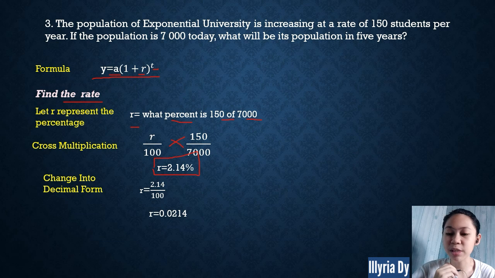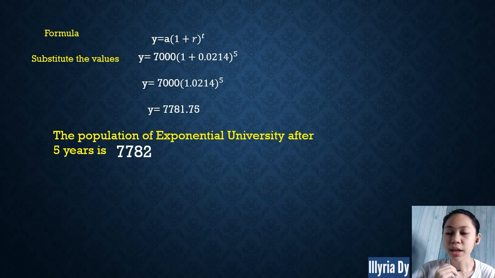Now change it to decimal form by dividing by 100, so we will get r equals 0.0214. Now since we have all the values, we just need to substitute them into the formula. So y equals 7,000, this is our initial population, times the quantity of 1 plus r, 0.0214, to the power of t, which is 5.